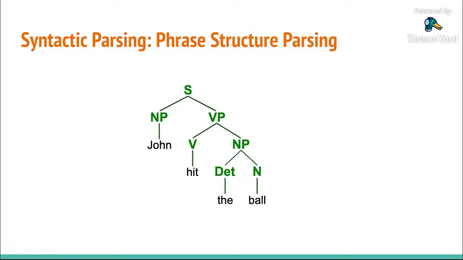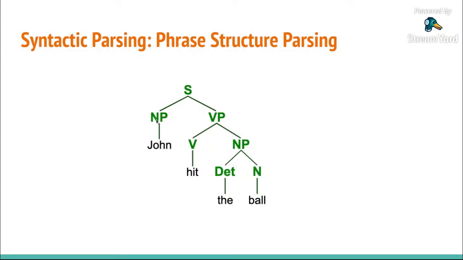This is similar to the grammar example which I gave using chunking. So for example, here the sentence is John hit the ball. At the first level, we identify parts of speech tags for each word. The is a determiner, ball is a noun, hit is a verb, John is a proper noun, which can be a noun phrase on its own.